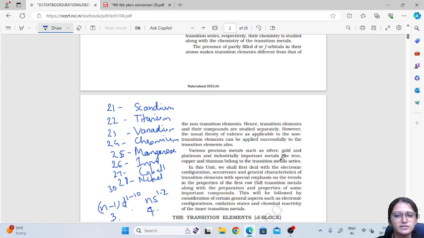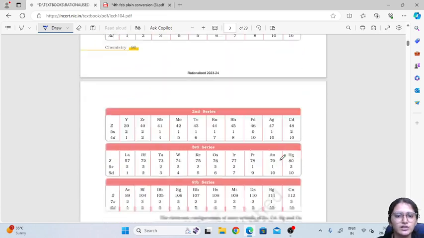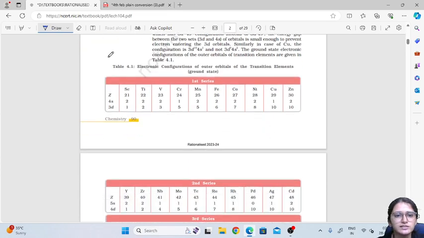So that we will discuss thoroughly. So these transition elements are the first series in which we have scandium, titanium, vanadium, chromium, manganese, iron, cobalt, nickel, copper and zinc, and their atomic numbers are given below.